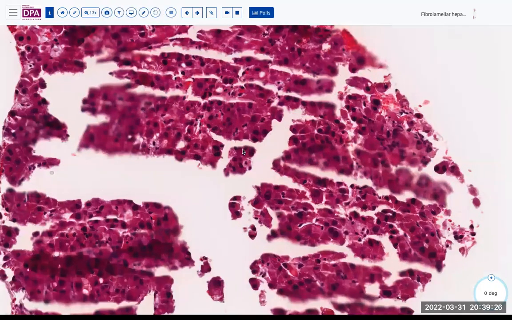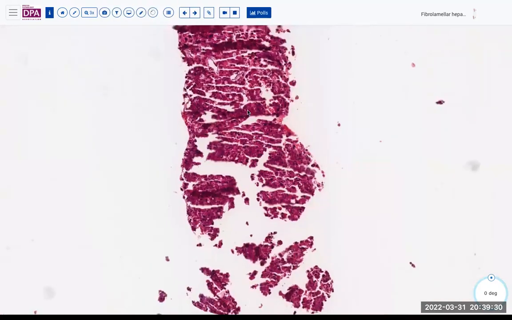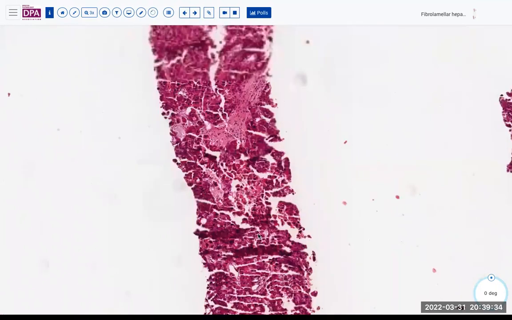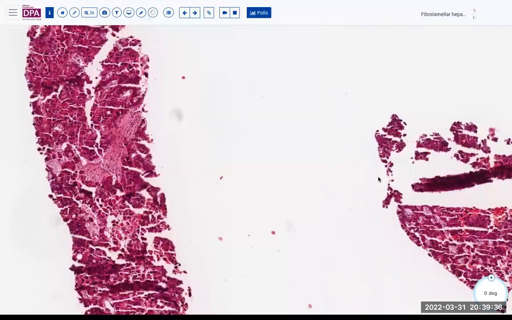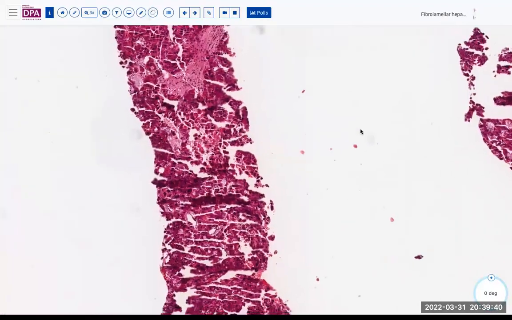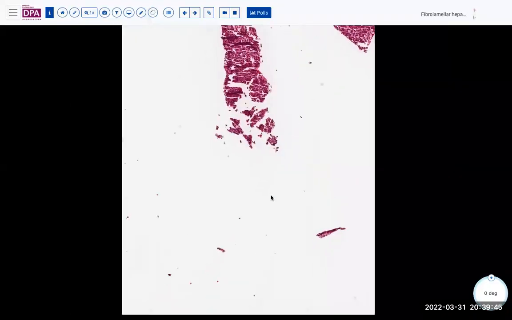Sometimes you do get a lot of dense collagen in the tumor, and there may be just a very limited amount of epithelium. It may have quite a bit of collagen. I don't think we're going to get anything in that piece. Let's see if there's something more down here.